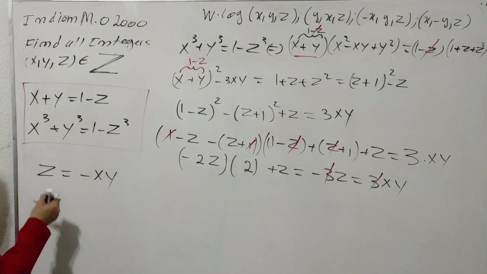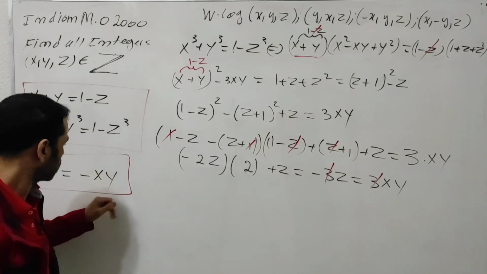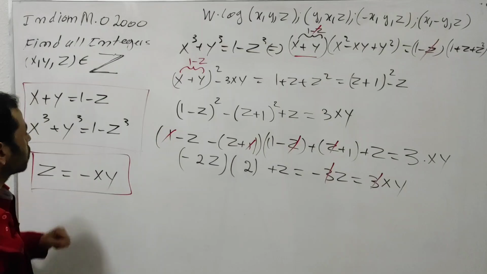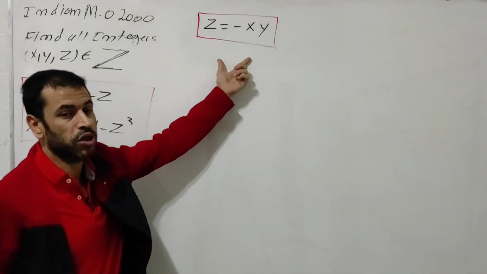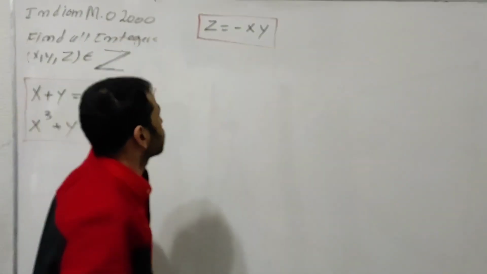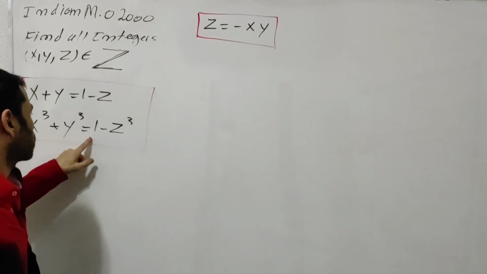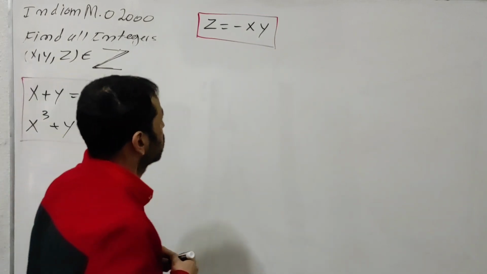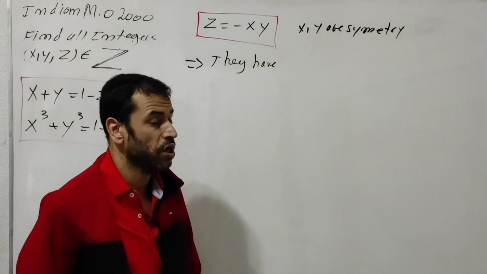I have ended with this expression for z in terms of x and y with a negative sign in front. Previously I was working on these equations and came up with this expression. Now I'm going to check the parity of these numbers. If you look carefully at this expression, x and y are symmetric here, so x and y have the same parity.